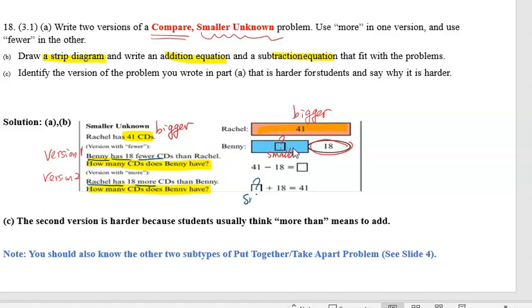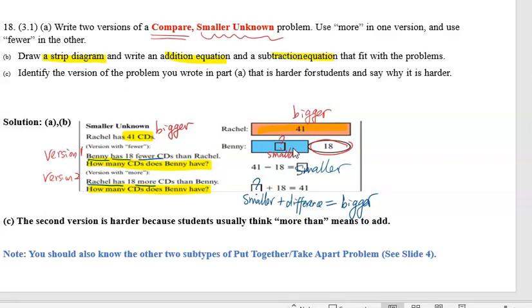So this is the smaller number unknown plus the difference between Rachel's and Benny's equals the bigger number, 41. If we do subtraction, it's going to be the bigger number, 41, minus the difference equals the smaller. So we're solving for the smaller. So that's one addition and one subtraction problem.